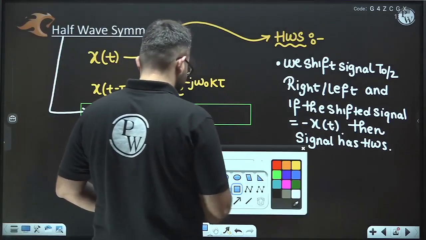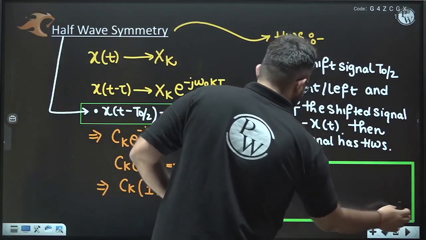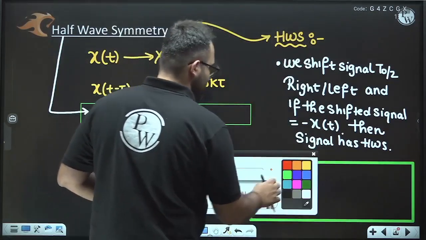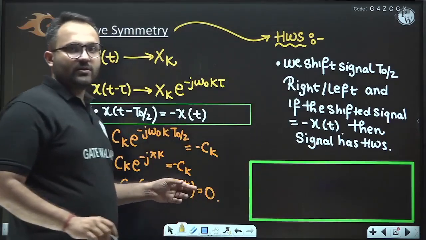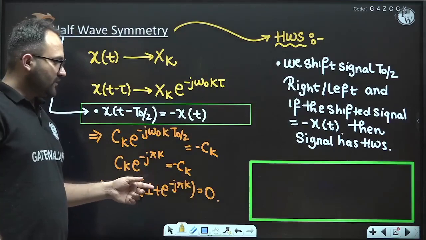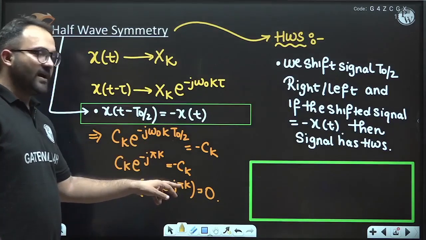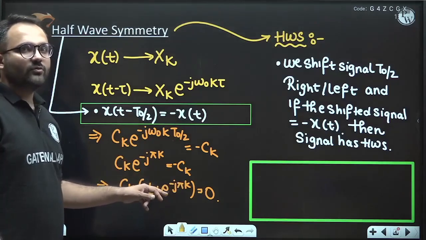Now if we put k equal to even values, like 2, 4, 6, 8 and so on, then e to power j pi k will be equal to 1.